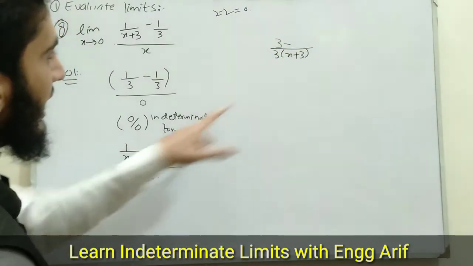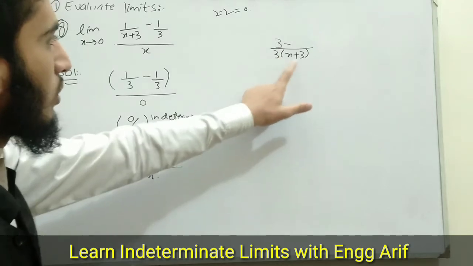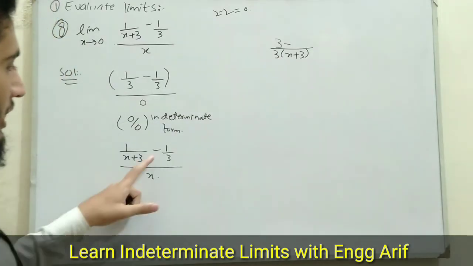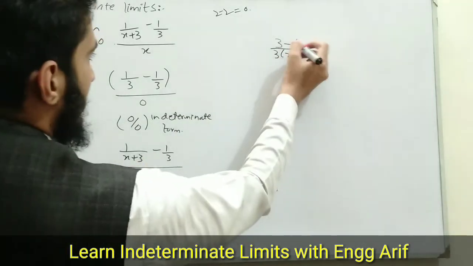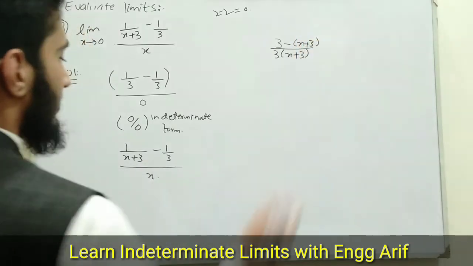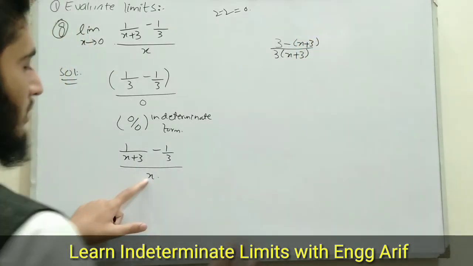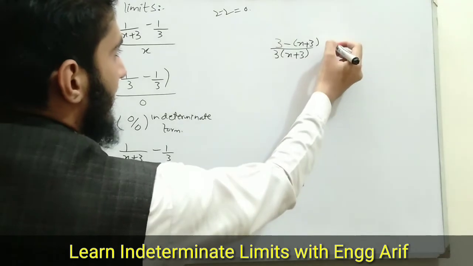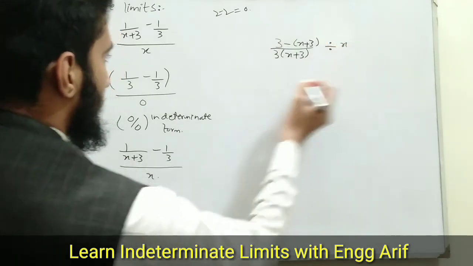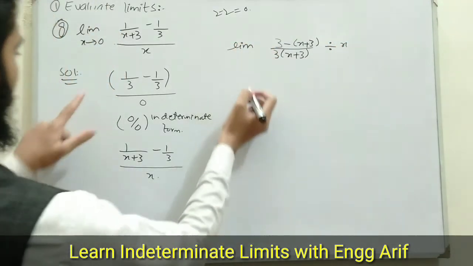After this, 3 multiplied by x plus 3 gives the second term, so I am left with 3 minus (x plus 3), and it is whole divided by x, with the limit x approaches 0.